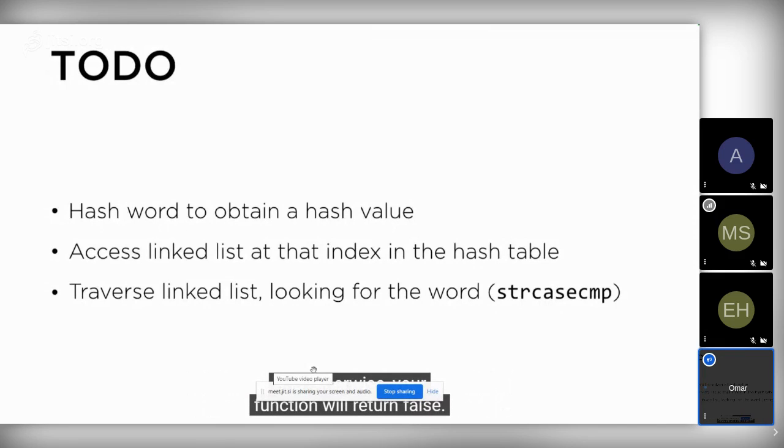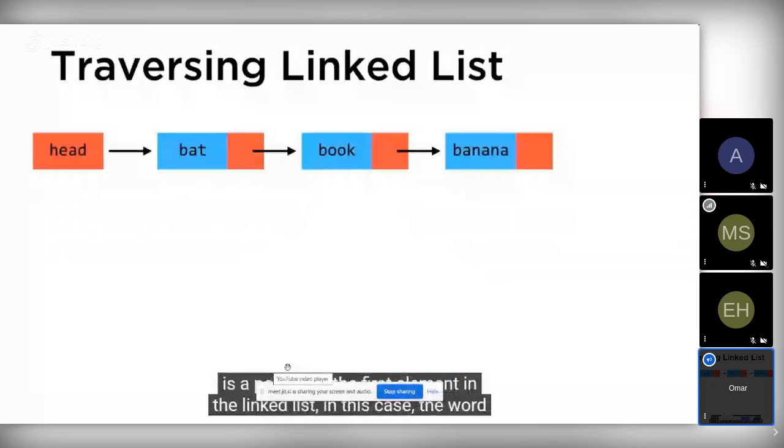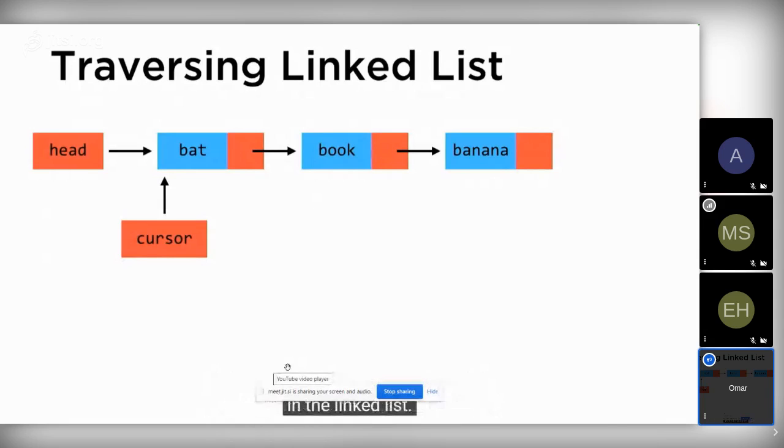How do you traverse a linked list though? Well, let's take a look at an example. Here, let's imagine that head is a variable that is declared to be the first element in the linked list. In this case, the word bat, which is inside of a node that points to a node that has the word book, which points to banana, for example. How might I traverse that linked list? Well, you could imagine that I could set up a variable called cursor, for example, which initially is a pointer to the first element in the linked list.